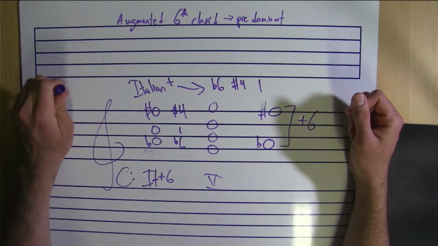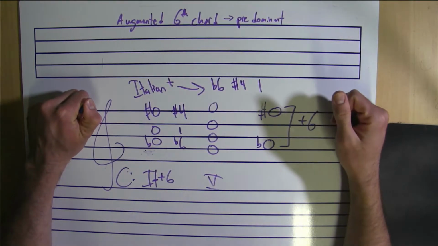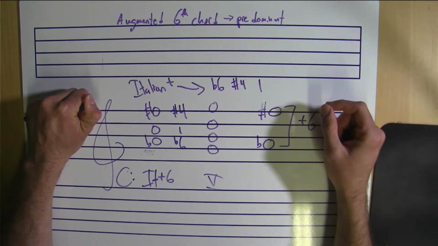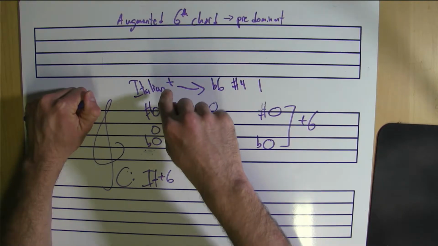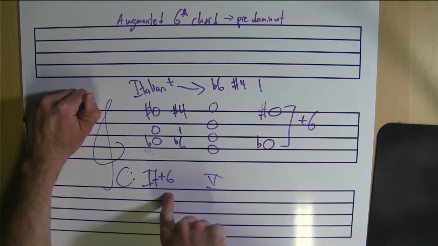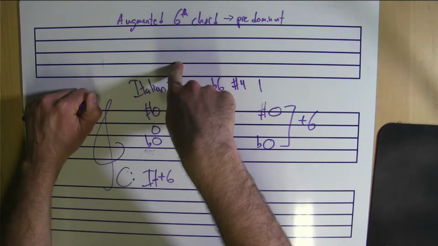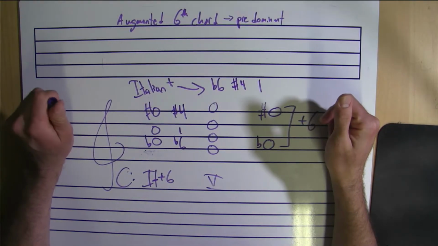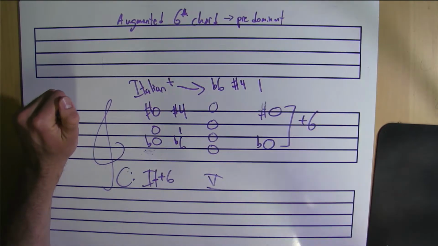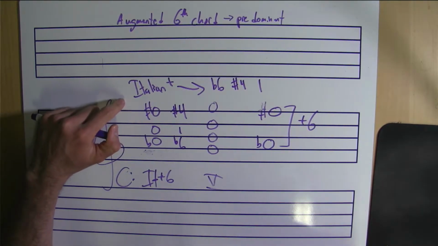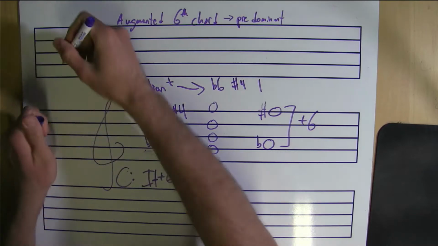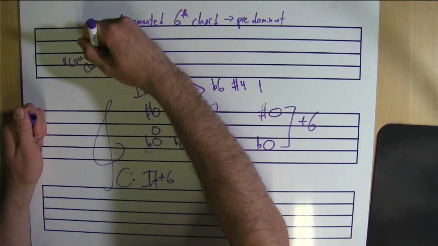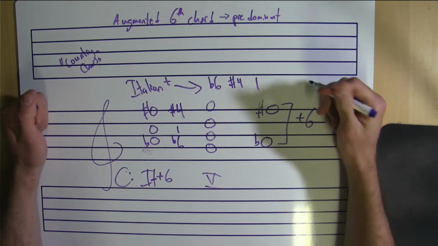Instead, they use just the inversion. So, for example, they would use the word augmented and then say 6, 3, telling you that there's a sixth above the bass, and then there's a third above the bass, implying that it's an Italian, which is kind of cool. So very practical over there in Germany. But otherwise, the country chords. That's what people like to say, the country chords, to remind themselves of augmented 6th chords.